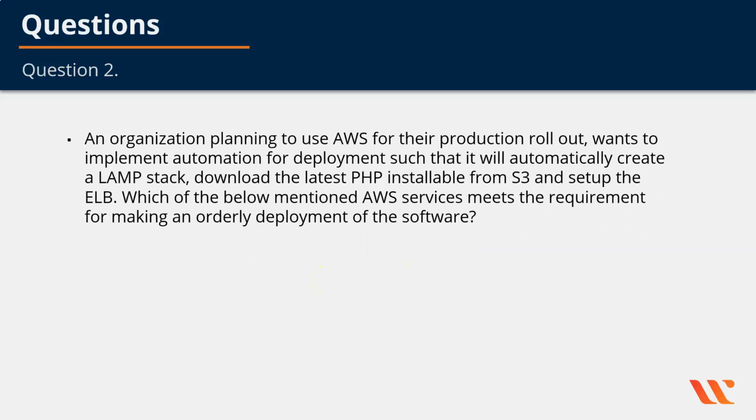Let's see question number 2. An organization planning to use AWS for their production rollout wants to implement automation for deployment such that it will automatically create a LAMP stack, download the latest PHP installable from S3, and set up the ELB.